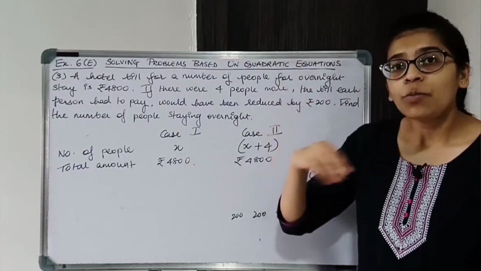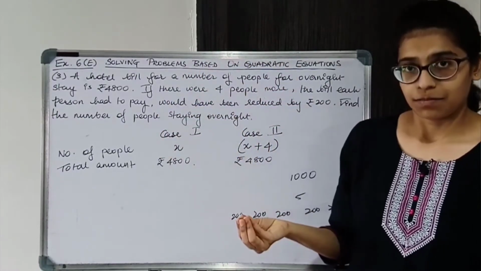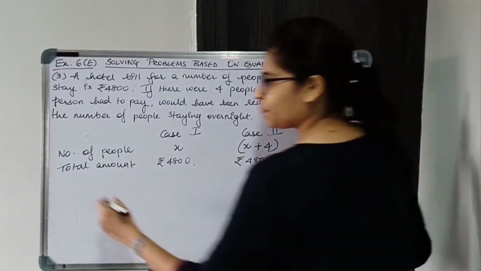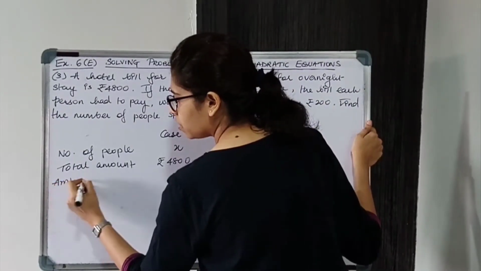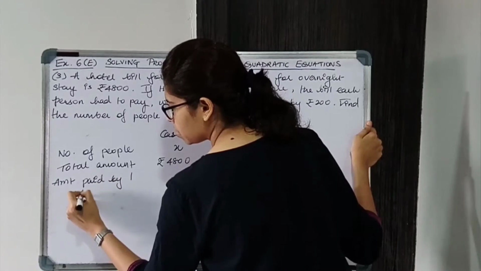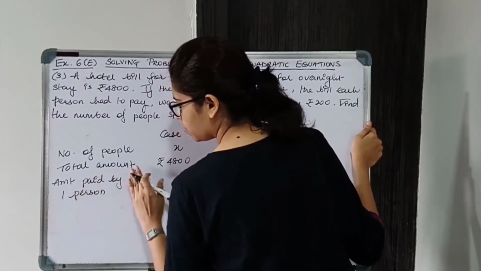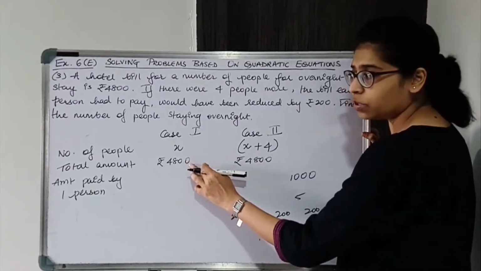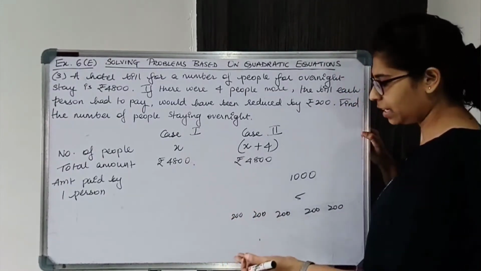Now how much is each person paying? The amount paid by one person. Now total amount upon number of people, right?